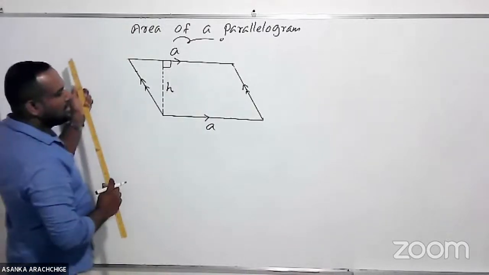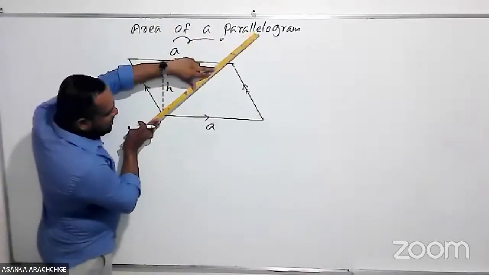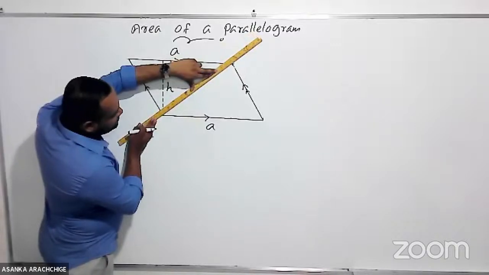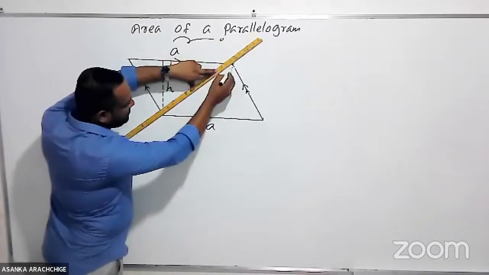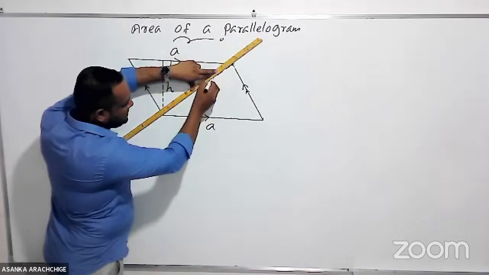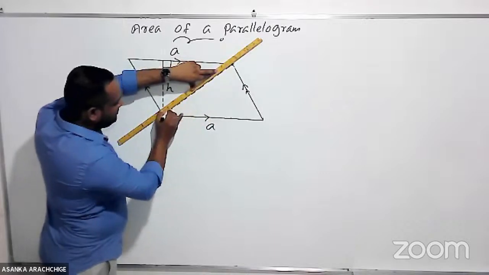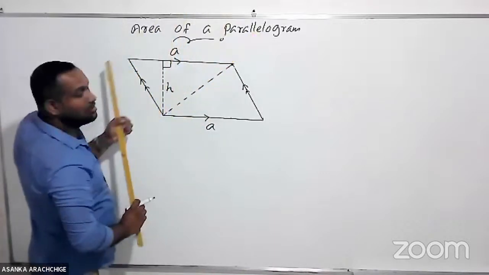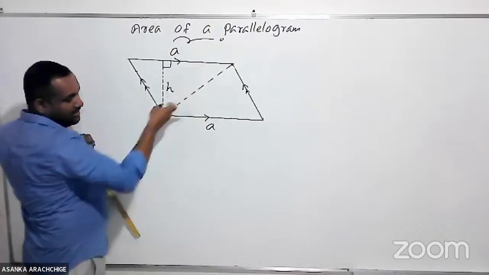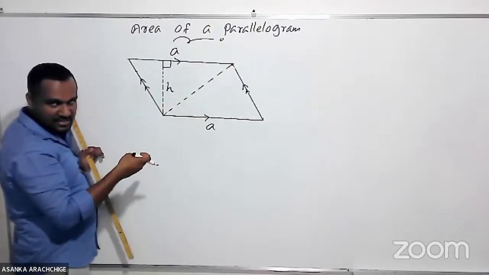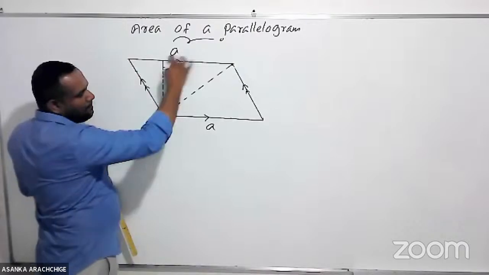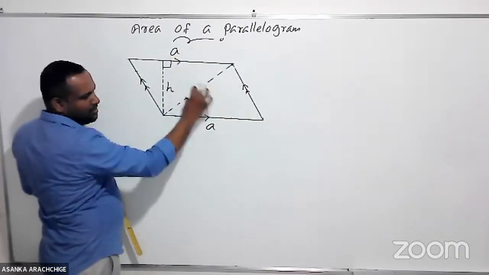Now I draw a diagonal. Right. This is a diagonal. Now look, this diagonal divides, it separates the parallelogram into two triangular parts. No?